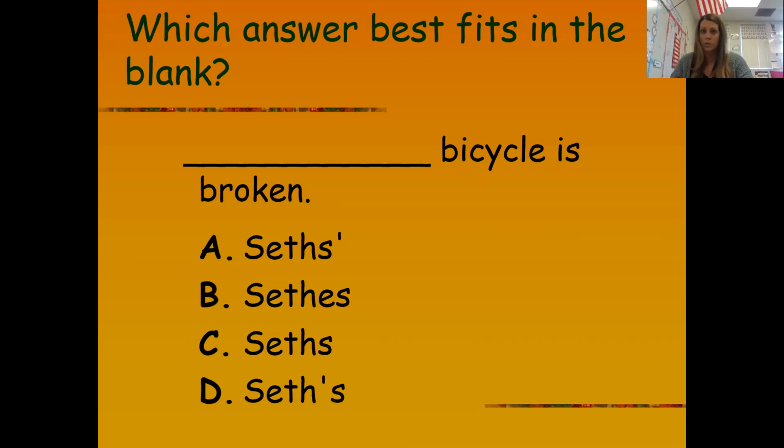Well, who owns the broken bicycle? Seth owns the broken bicycle. So which one, A, B, C, or D, shows possessive? Remember what we talked about, apostrophe S. Which one would it be? Have that answer in your head and let's see if we are right. D, with the apostrophe S. Who owns the bike? Seth owns the bike.